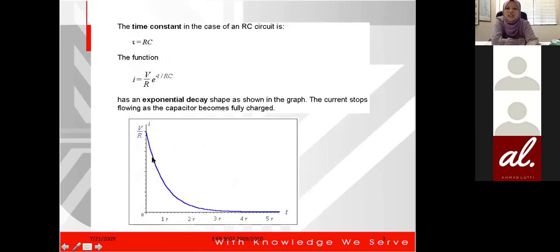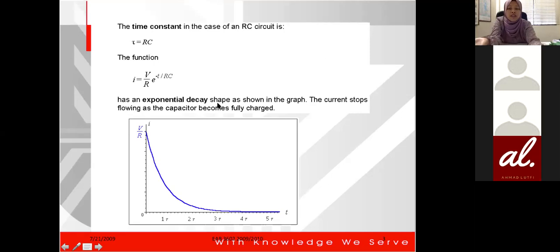Daripada mula-mula dia disupply pada circuit tu, mula I tu very high, besar, banyak kan? Tapi throughout the time, bila capacitor tu charges, I ni akan berkurang sampailah dia jadi zero. Okay, faham tak? So this is what it means by a circuit that has capacitor inside it. This is how the current behave. So dia akan exponential decay.